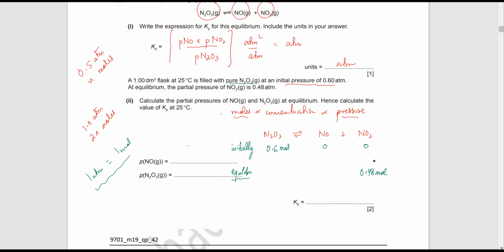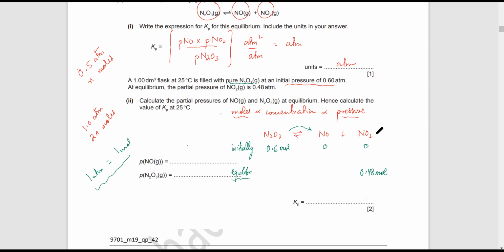Pressure and moles are directly proportional. So what do you understand from this? There must have been a reaction. Initially when you added this into the container, a forward reaction must have taken place and produced NO2, and that NO2 is exerting this much pressure. So these many moles must have been created.